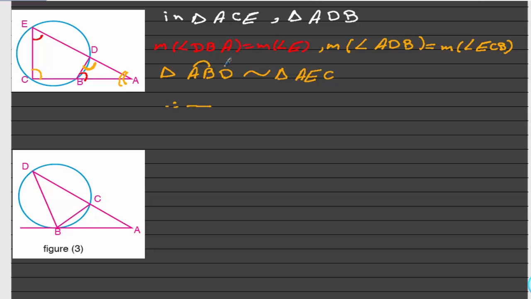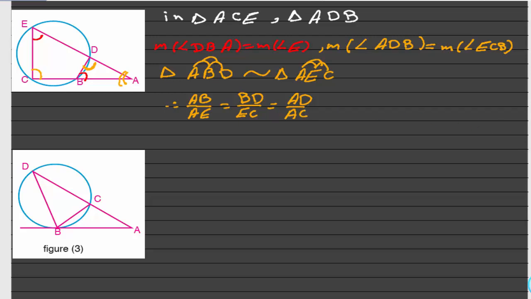So AB over AE equals BD over EC equals AD over AC.